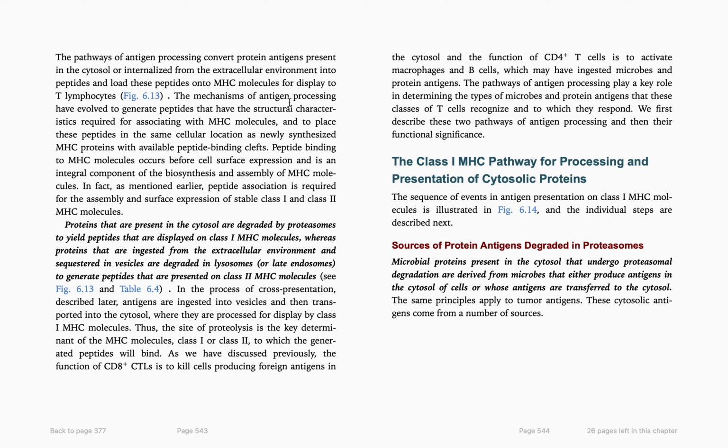The mechanisms of antigen processing have evolved to generate peptides that have the structural characteristics required for associating with the MHC molecules, and to place these peptides in the same cellular location as newly synthesized MHC molecules, MHC proteins with an available peptide binding cleft.